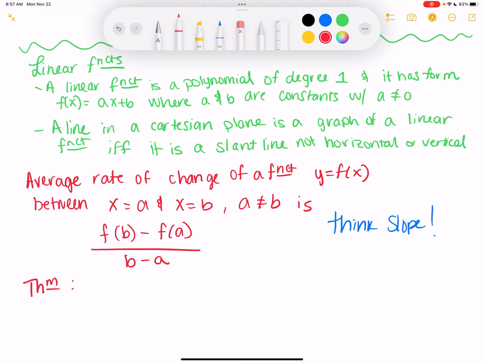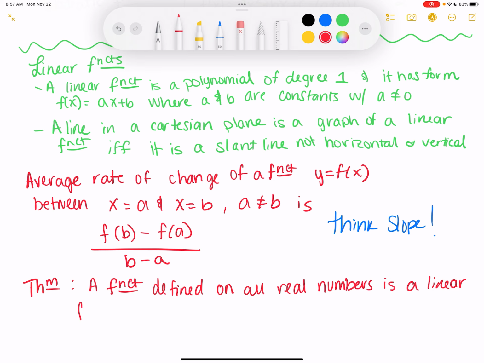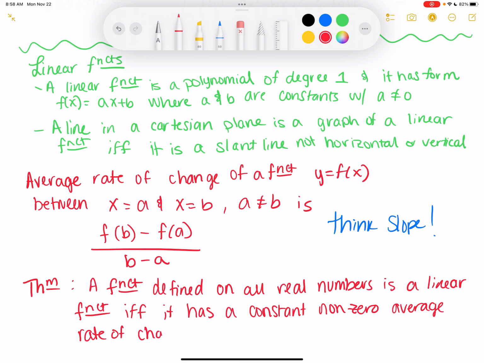You have a theorem. A function defined on all real numbers is a linear function if and only if it has a constant non-zero average rate of change between any 2 points on its graph.